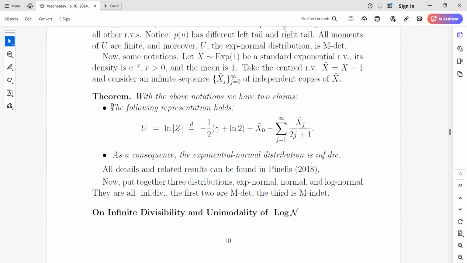First, he showed that the random variable U, the logarithm of the absolute value of Z, has this representation. Okay, there is some constant, forget it. And all these random variables with tilde are centered exponential. And because the exponential is infinitely divisible, then we have a linear combination, it doesn't matter. We have a convergent series, etc. So as a consequence, we conclude that the exponential normal distribution is infinitely divisible.